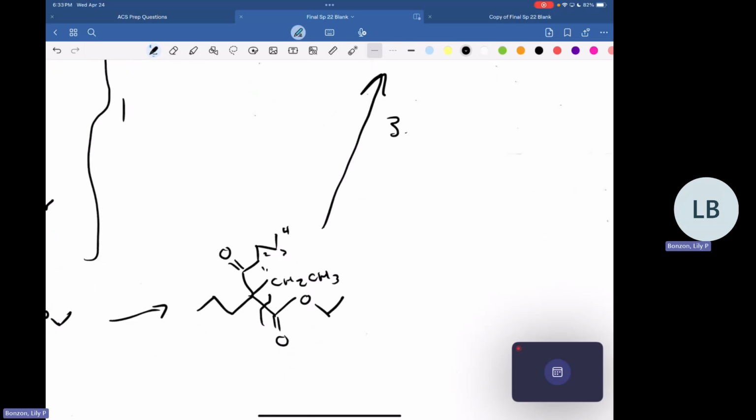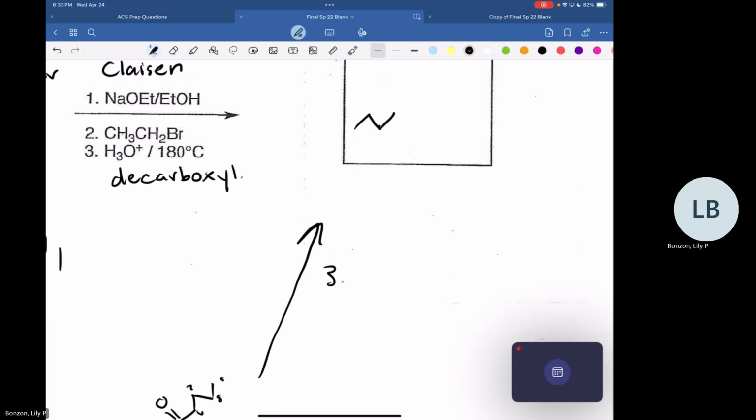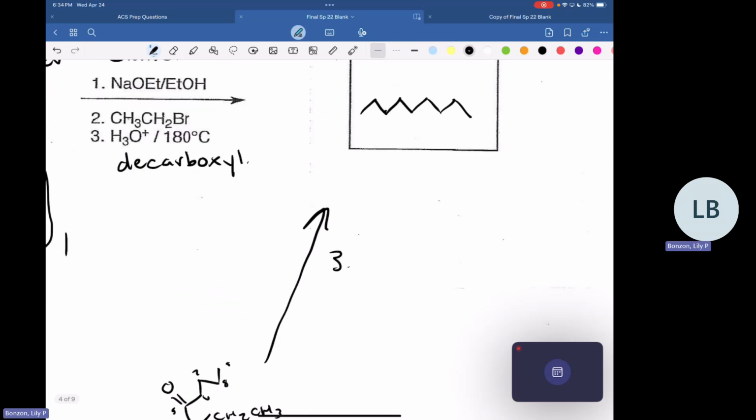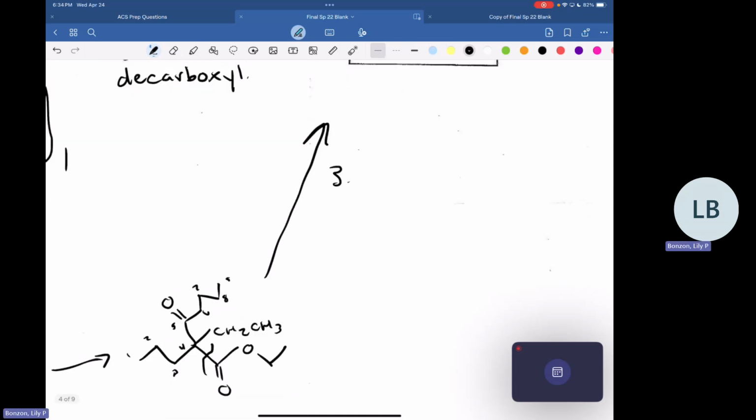So I'm going to number my carbons to make sure everything is right in the end. So 1, 2, 3, 4, 5, 6, 7, 8, 9. Carbon 4, 1, 2, 3, 4.